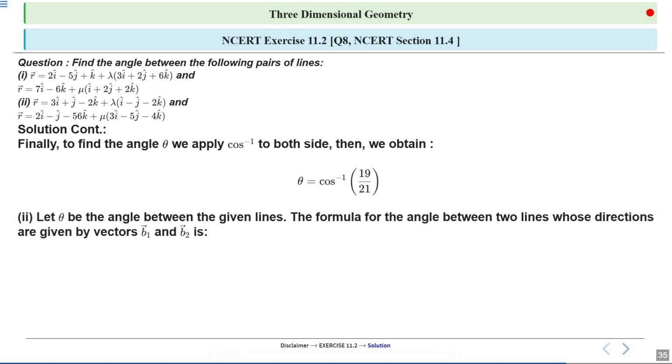Now let theta be the angle between the given lines, and the formula for the angle between two lines with directions given by vectors b1 and b2 is cos theta equals the absolute value of b1 vector dot product b2 vector divided by magnitude of b1 vector times magnitude of b2 vector.